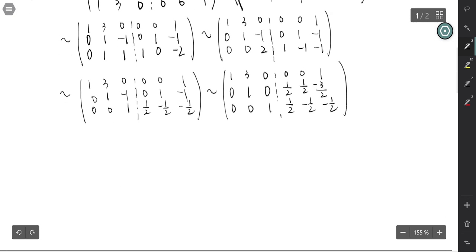And then the first row: subtract the second row multiplied by negative 3 and then add to the first row. So this is 0, that's 0, times negative 3. So that's negative 3 over 2, negative 3 over 2 times negative 3, and that's negative 9 over 2.